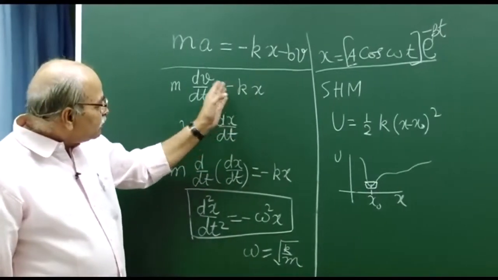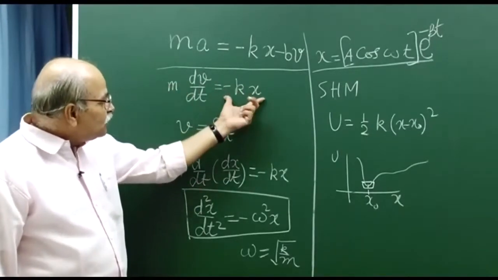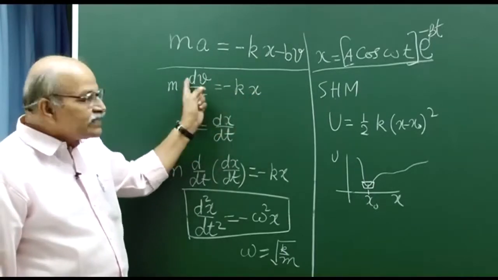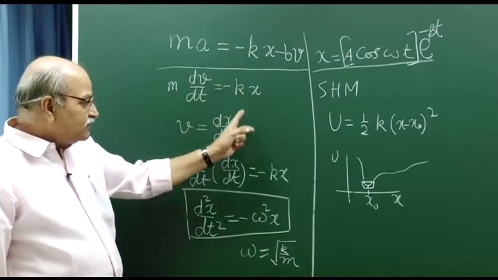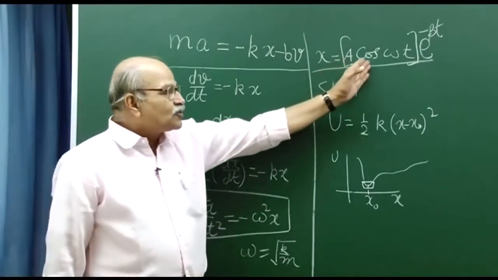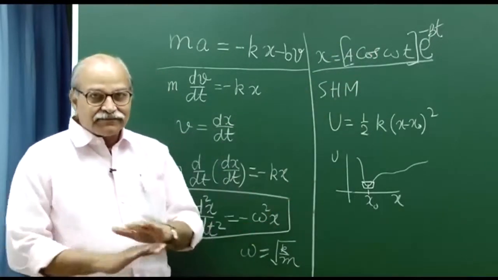If there is no damping or any other force, and it is only this restoring force driving the system, then you have something like x equal to a cos omega t, constant magnitude oscillations, right.